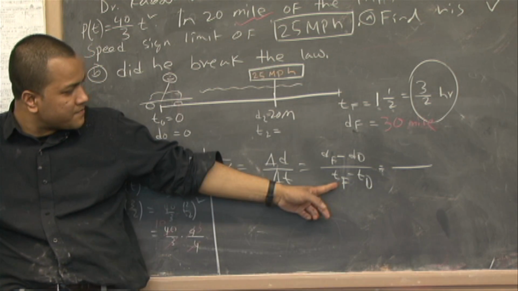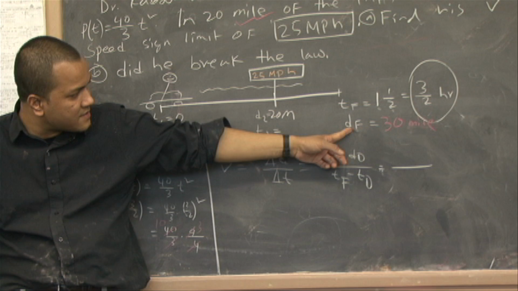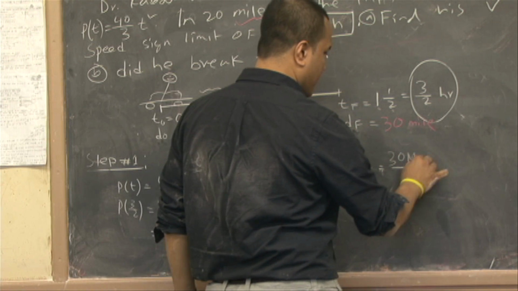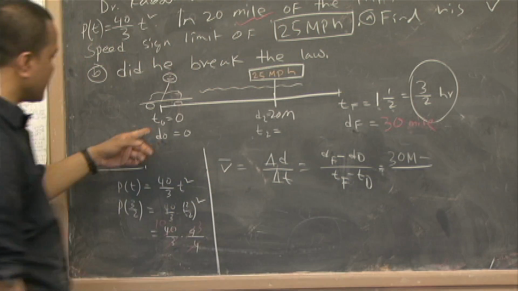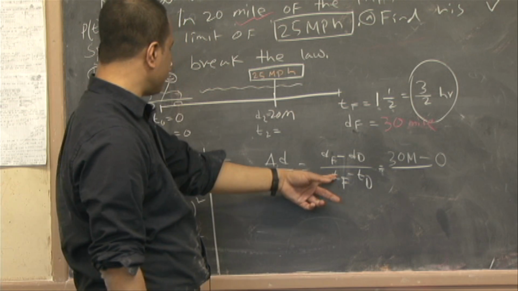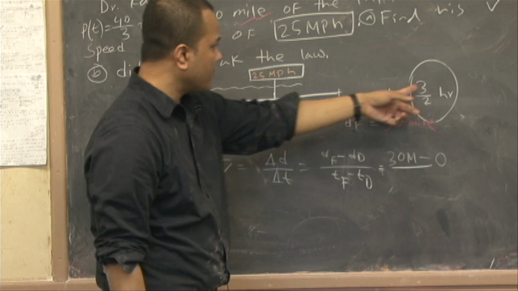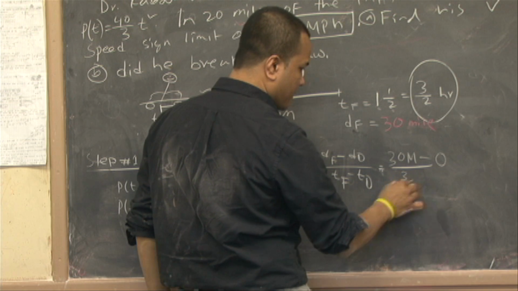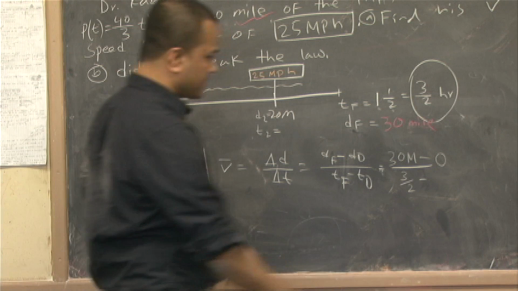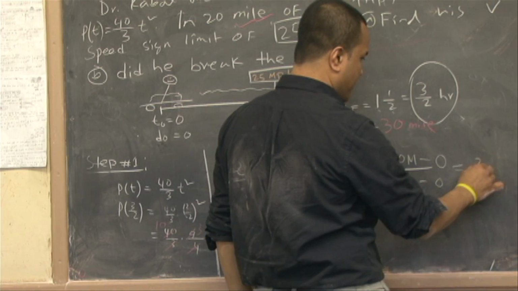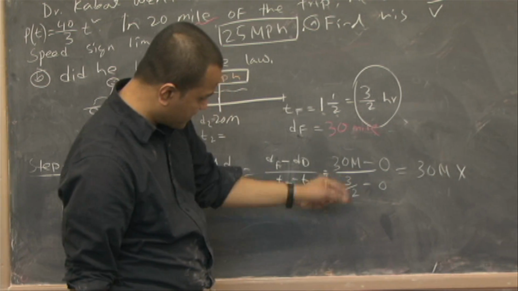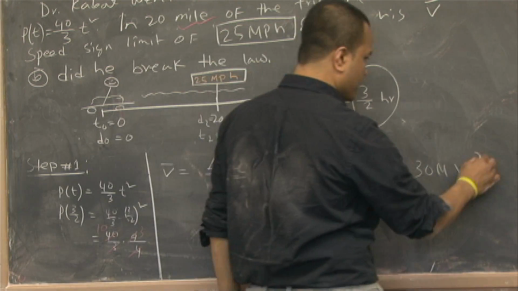You see that d final is 30 miles, so let's put 30 miles here. And d initial, you see, is 0. And t final is 3/2. And t initial, what do you see? 0. So 30 miles times, now you flip it, so it's going to be 2/3 hour.